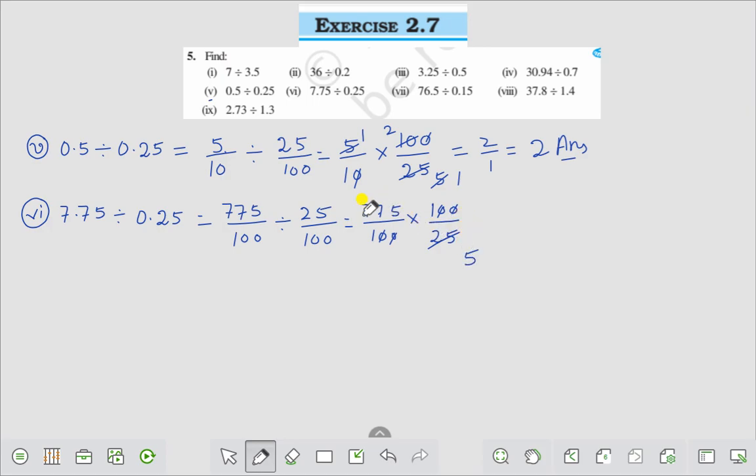And here also 5 1 is 5, 5 5 is 25, again 5 4 is 25. Again if we divide by 5, that comes to 31 by 1, and that is equal to 31. This is the answer.